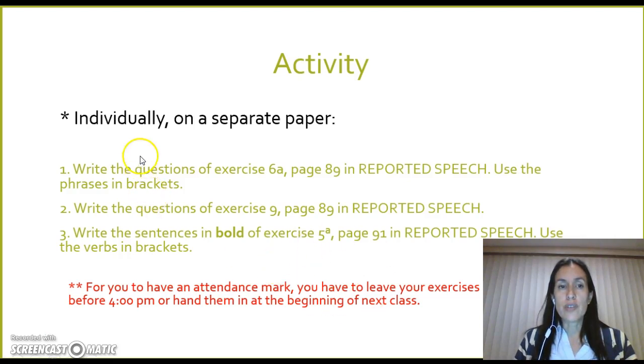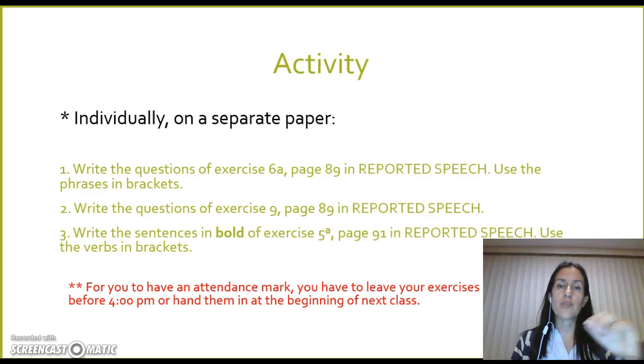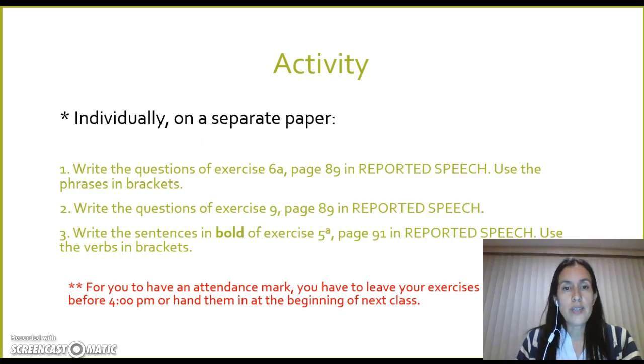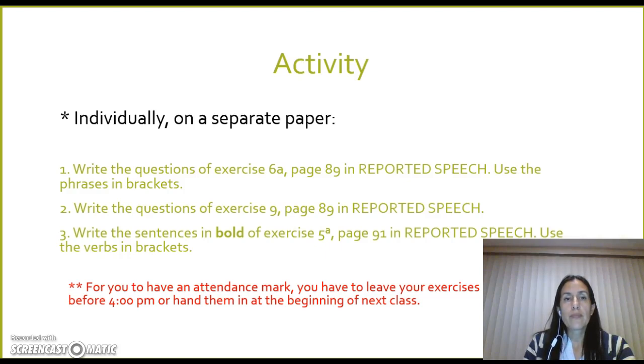So with this information, and you can also use your books if you need another explanation, it's individual work, on a separate paper, to hand in and leave in my office. You're going to write the questions of exercise 6A, page 89, in reported speech, using the phrases that you have in brackets. And from page 89 also, exercise 9, you have some questions there that you have to write in reported speech.